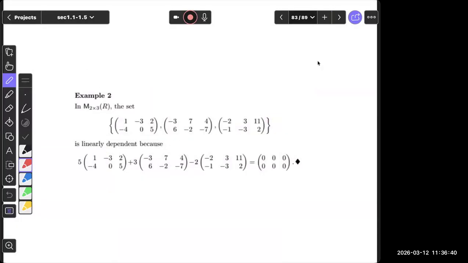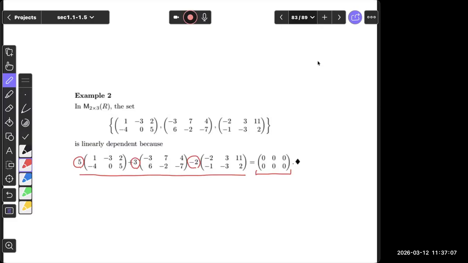In example 2, we are considering three matrices in M sub 2 by 3. And this linear combination with these coefficients will produce the zero matrix. So that means these three matrices are linearly dependent.